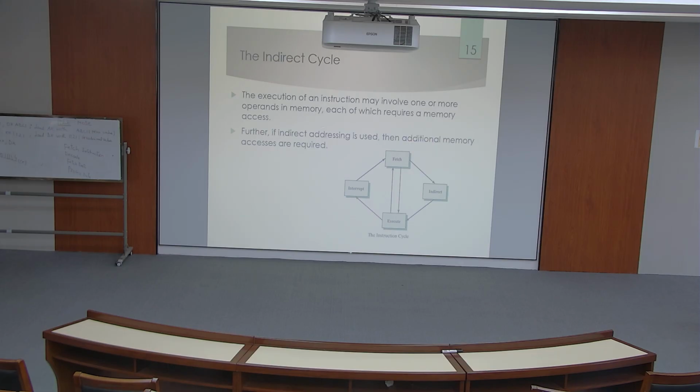If it is indirect addressing, we have additional memory accesses that are required. We fetch the instruction from the memory, then once the instruction has been fetched, we can execute. If there is indirect addressing, multiple memory accesses are required to complete the instruction.